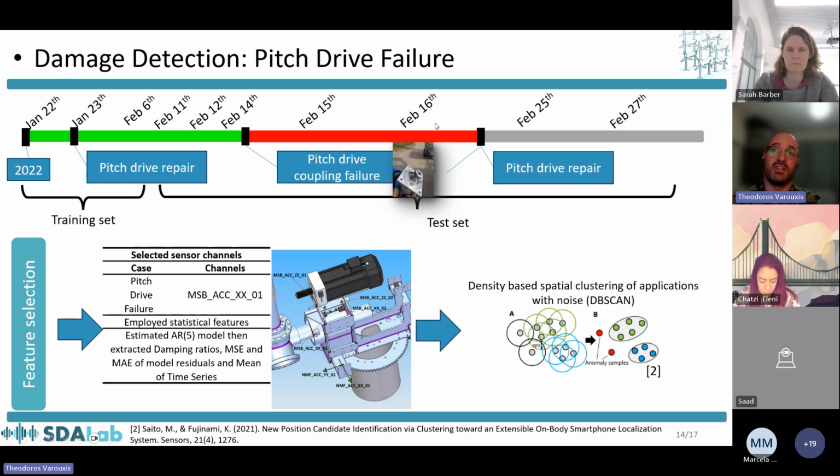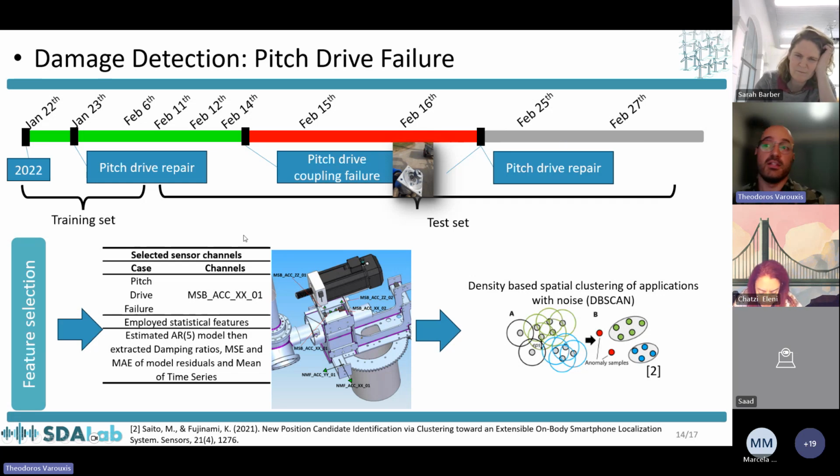This would be February 15th and 16th. The data before that, from January 22nd up until February 14th, are going to be the healthy state. And we've characterized the data after February 25th, when the pitch drive was repaired, to also correspond to the healthy state.